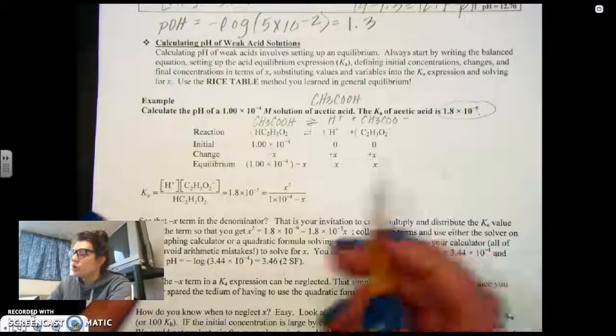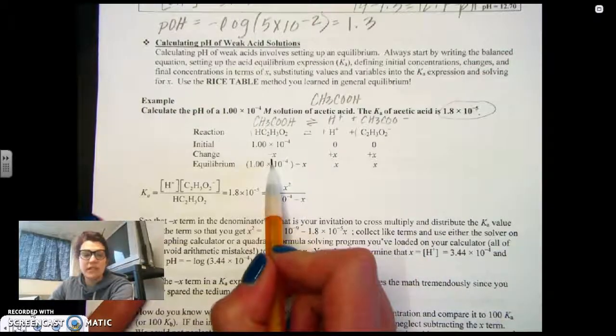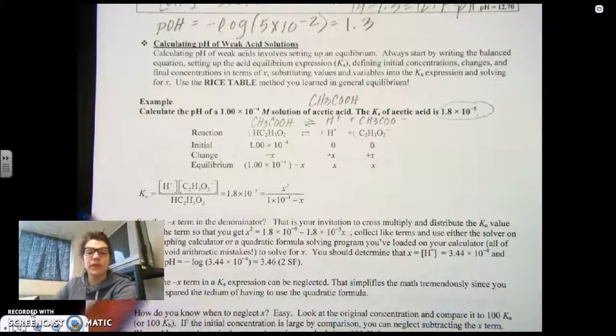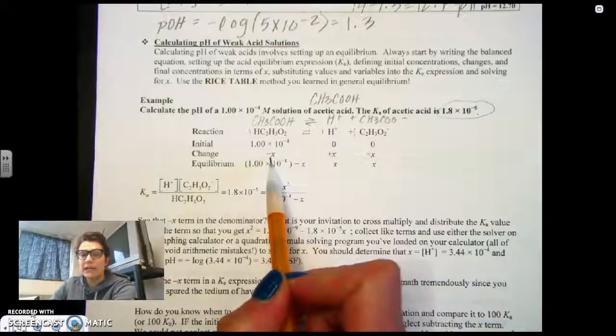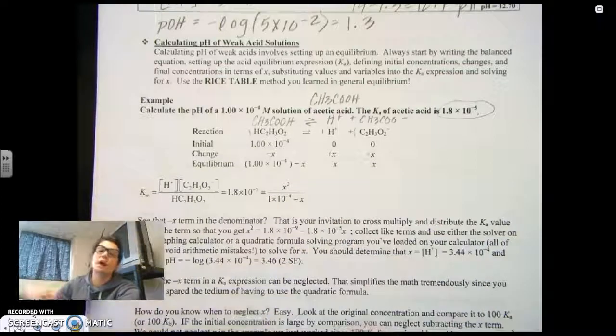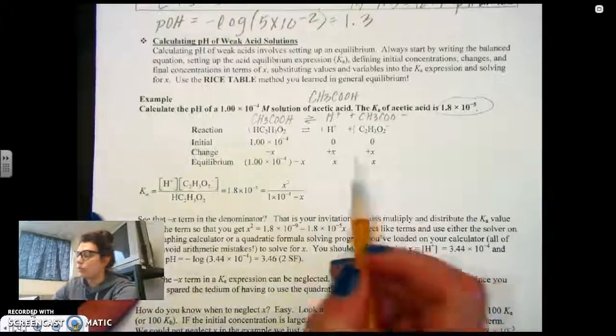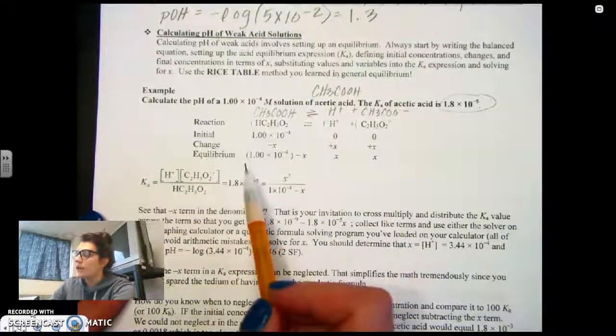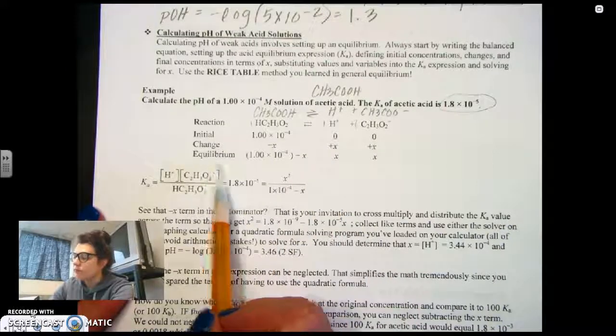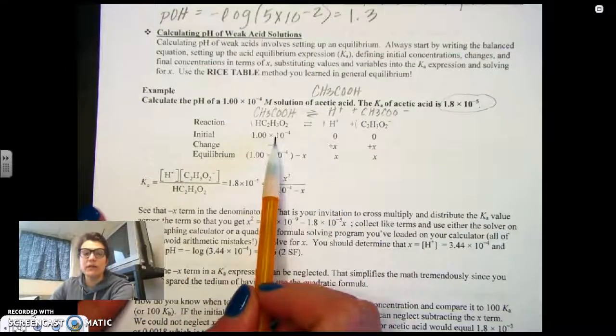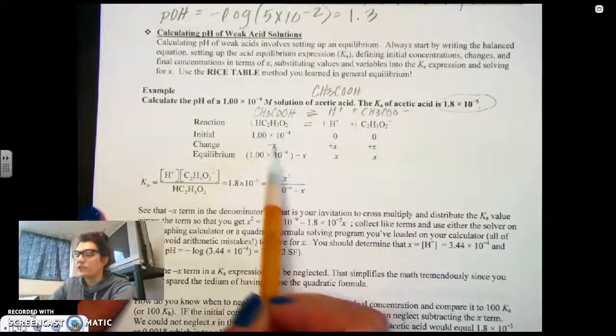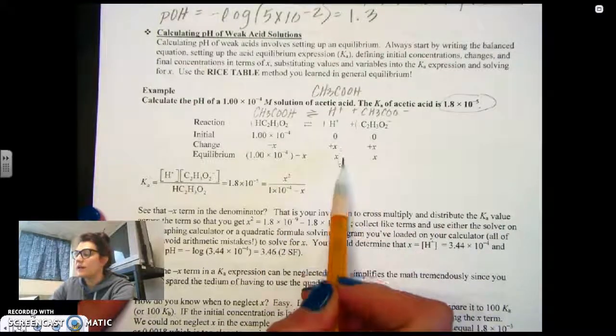Since I'm dissociating the acetic acid, that is going to be minus, where I'm making H plus and the acetate ion, so those will both be plus. At equilibrium, I take the starting concentration minus the change, which was X, and for the products I'm adding.